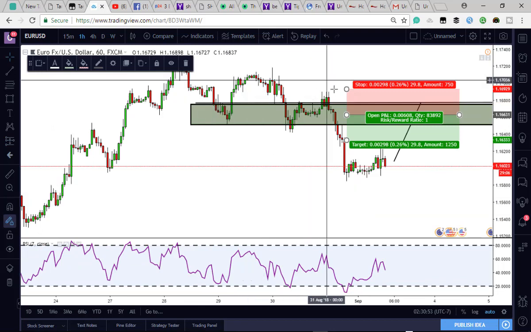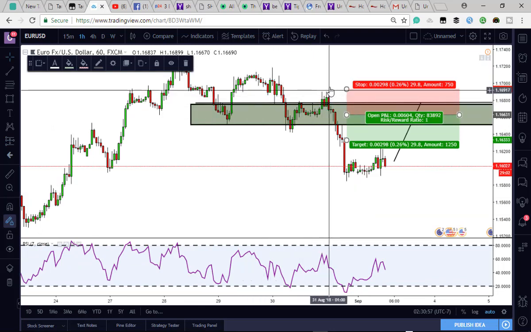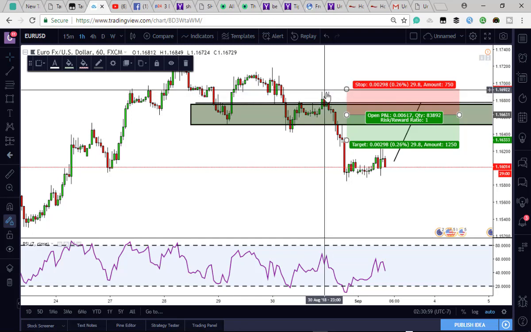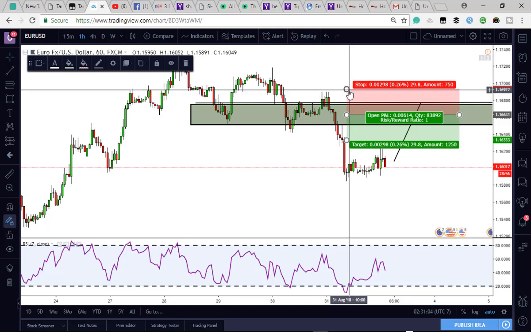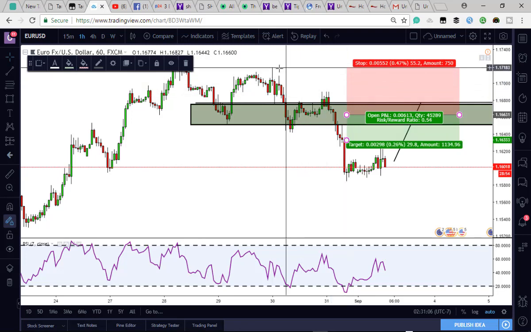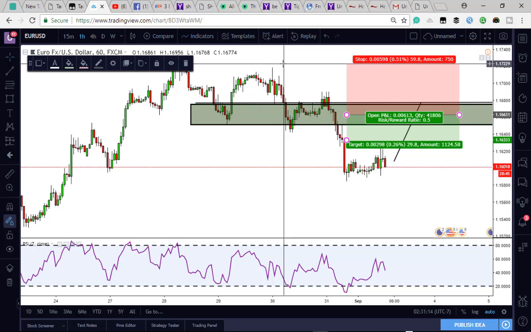I'd prefer my stop loss to be above this high, because price action might decide to give us a bit of a push above the wick of this candle just to collect the stops that are here. To be safe, I'd prefer putting a few pips above this high, and already we will be risking 56 pips, a few pips up, about 60 pips.